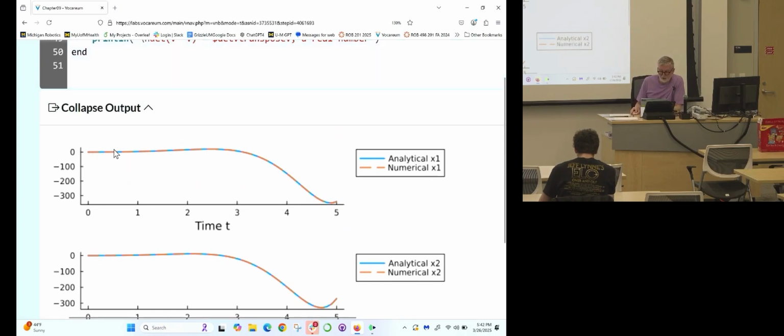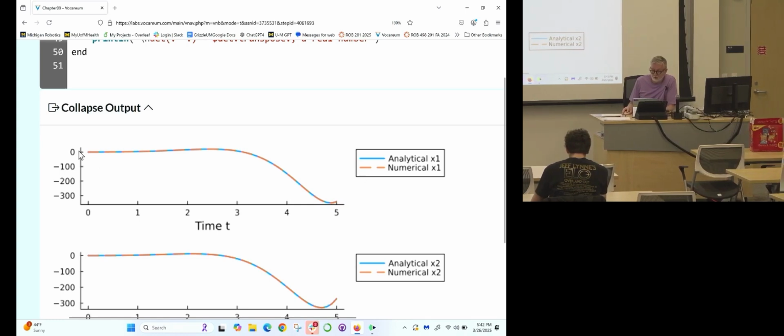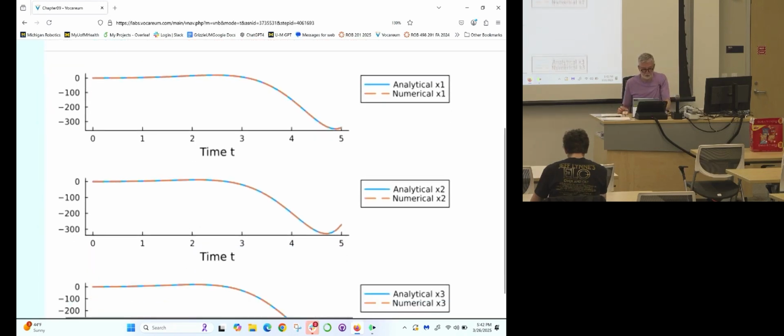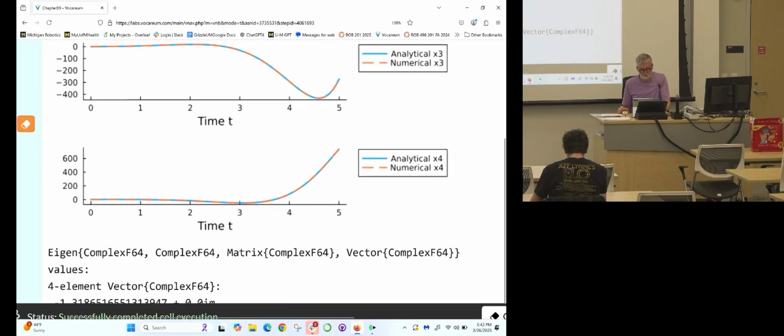The blue line is the e to the At times x0, and the other line is the solver, and then plotting x1, x2, x3.